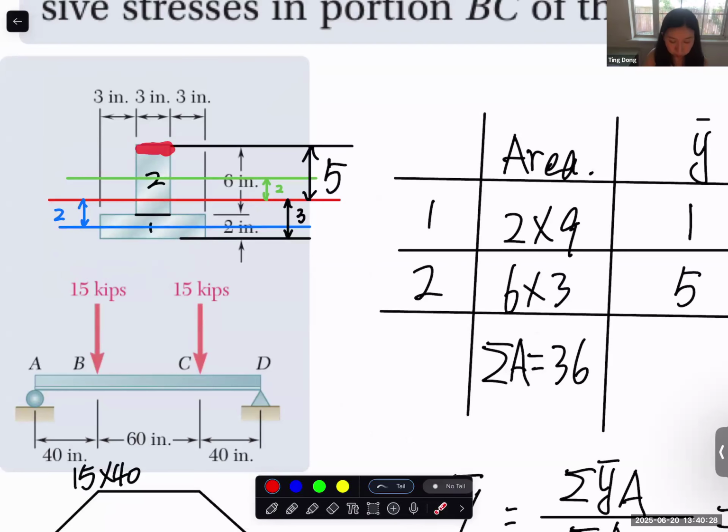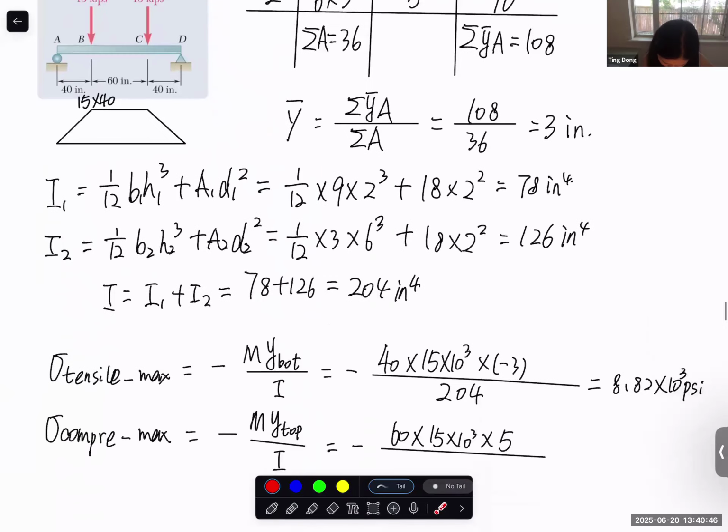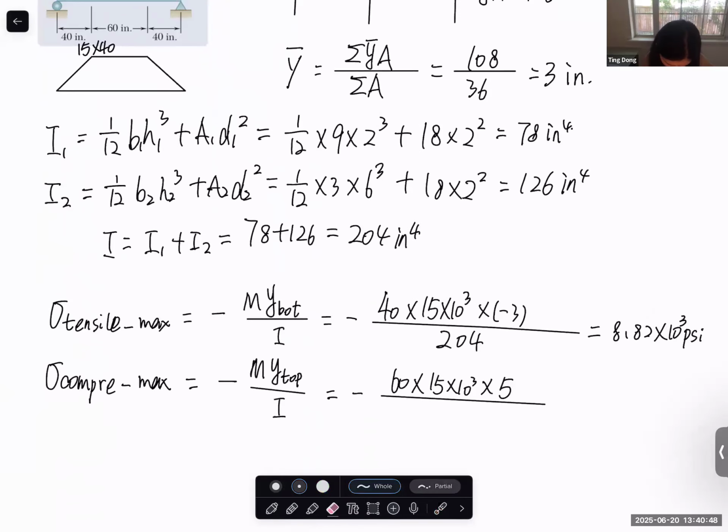This is the top surface. This is the neutral surface of the entire cross section. And this should be 5. So you should plug in... it's supposed to be 60. Okay, wait a second. What did I write? Oh yeah, sorry.